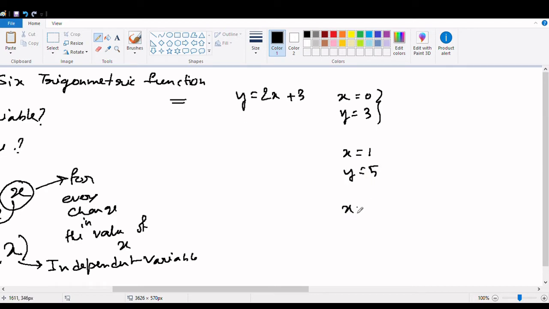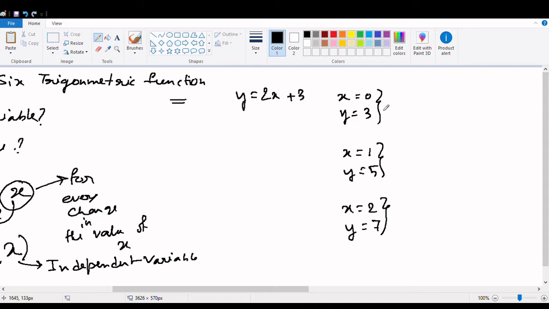If x equals 2, we will have y equals 7. So we can see that for every value of x, I have a different value of y. For x equals 0, I have 3. For x equals 1, we have 5. For 2, it is 7.